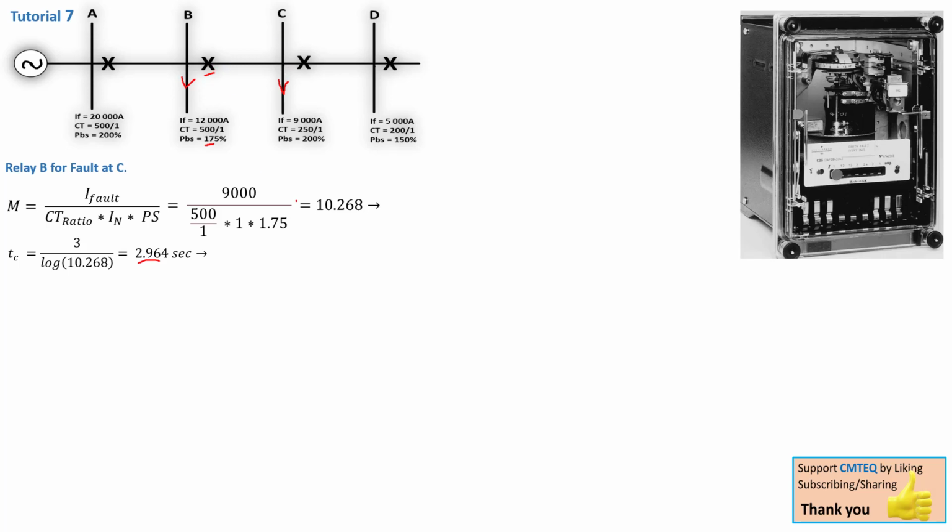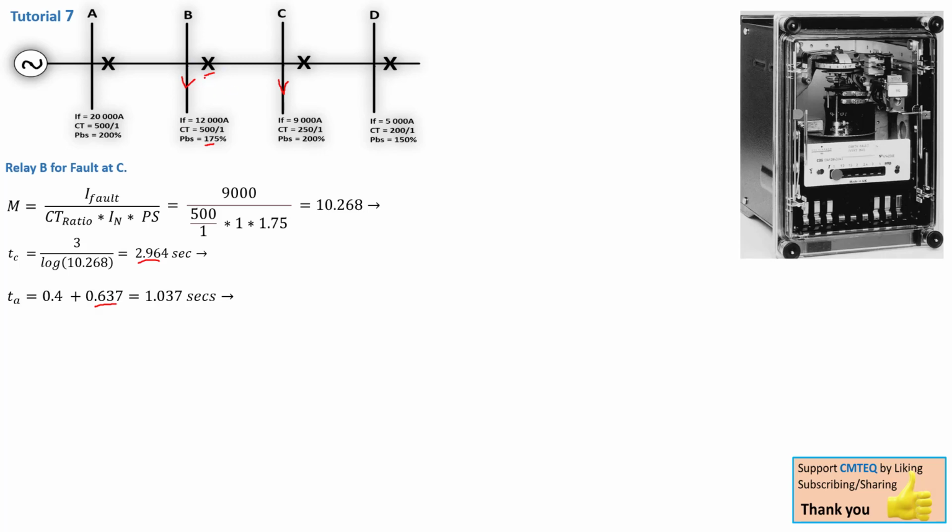So the actual time for our relay B for the fault on relay C will be that 0,637 plus the 0.4 grading margin that we are adding for every relay. So we're taking the actual time of this relay based on this fault on bus bar C, and we add 0,4, and that gives us an actual time for this relay.